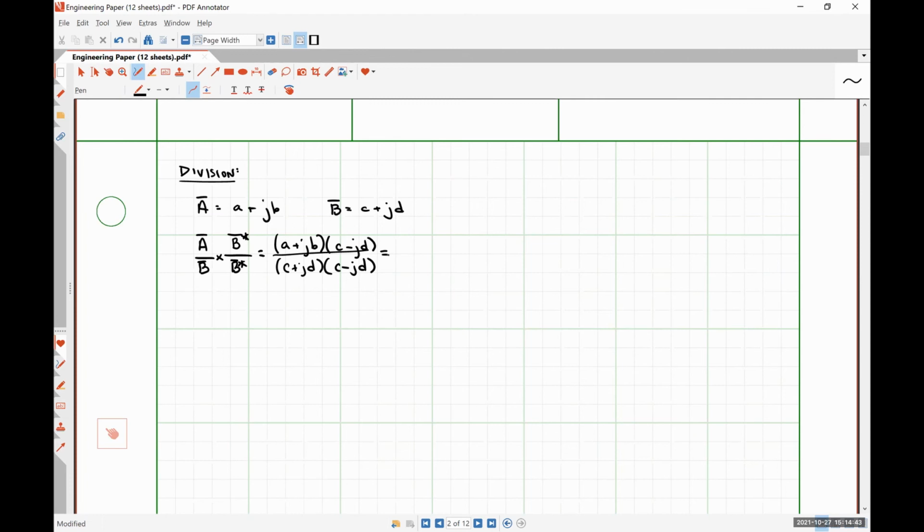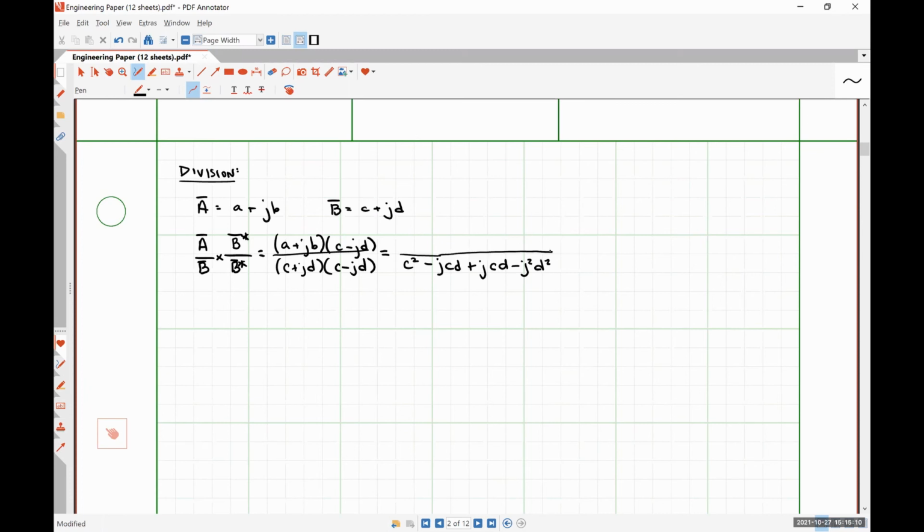Let's work on the denominator first, okay? Because this is what I was going to get at a little while ago. I'm going to have c times c, so that looks like c squared, then I'm going to have minus jcd, then I'm going to have plus jcd, and then I'm going to have minus j squared d squared.